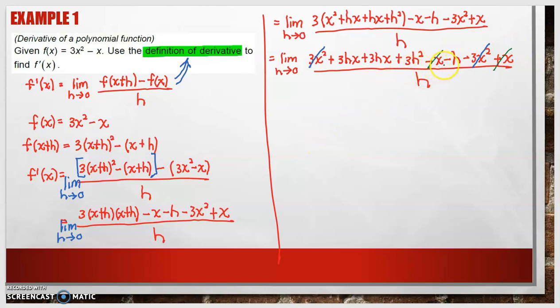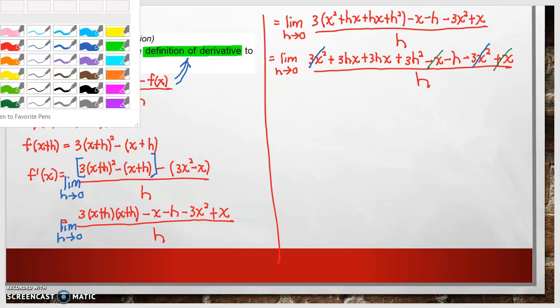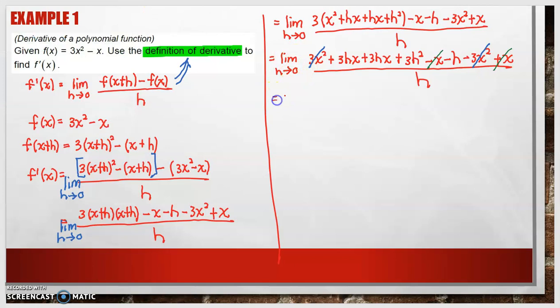Other than that, I don't think there is any other. So here, the limit as h approaches 0 of 3hx plus 3hx is 6hx, plus 3h squared, minus h, over h.